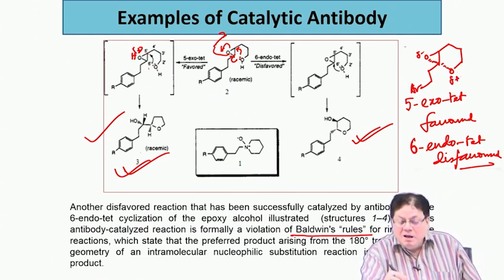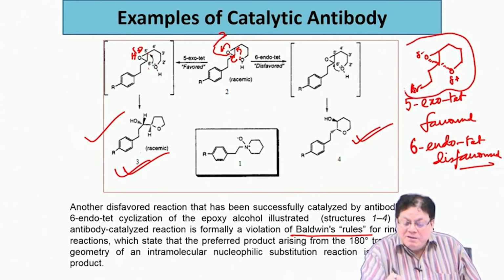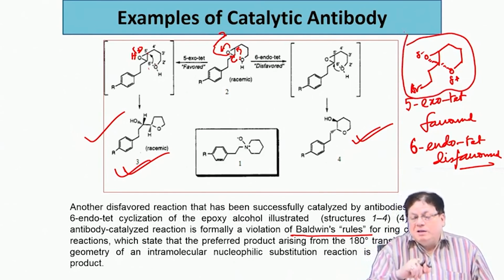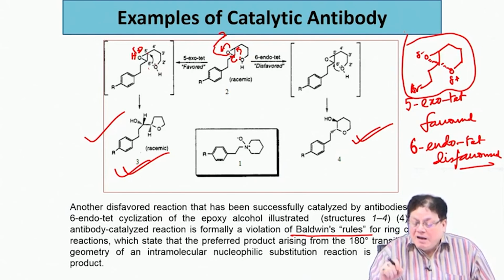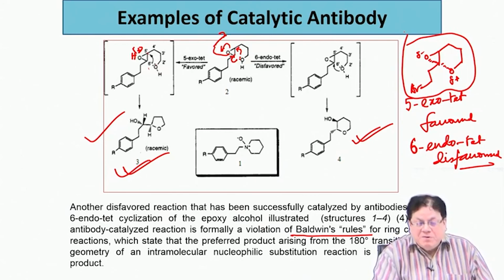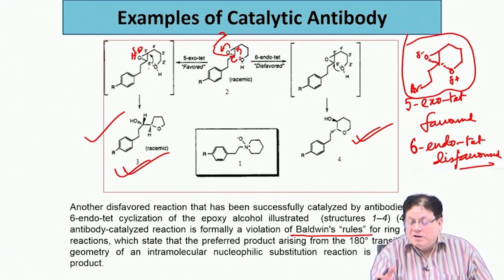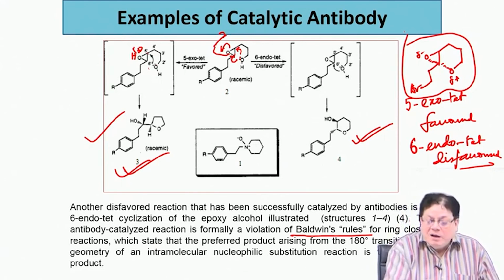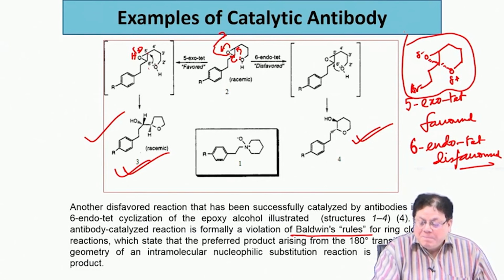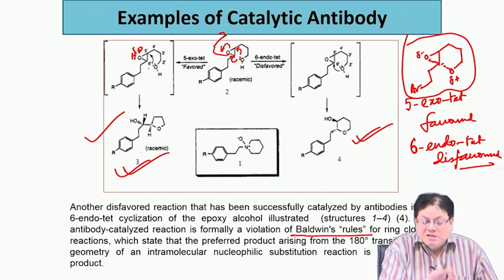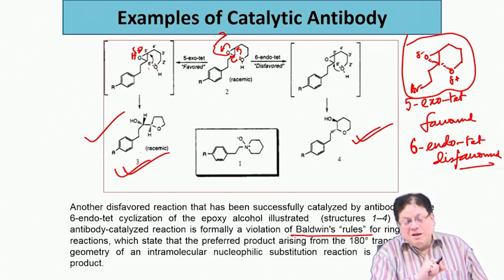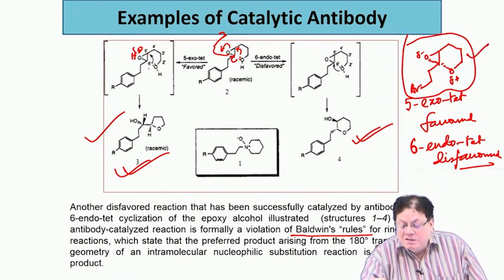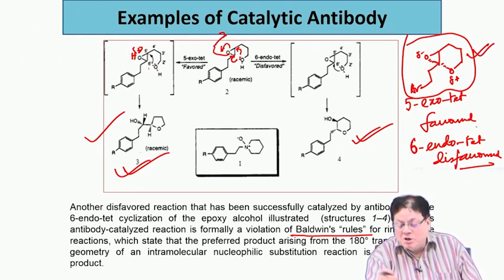So, if you can mimic this with a molecule, then that will be your hapten, and with that hapten, if you can generate a catalytic antibody and give it to this system, then that will do the 6-endo-tet reaction. So, what actually resembles this transition state, because this is not stable?